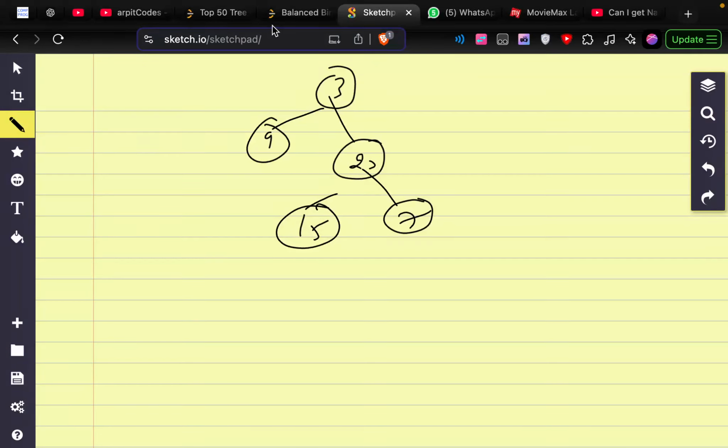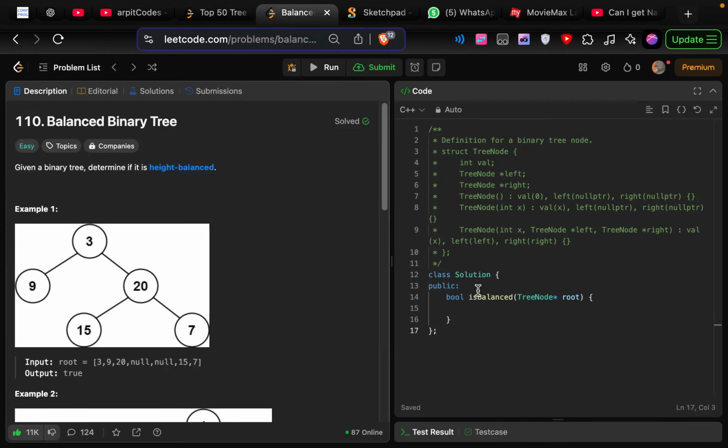So if I try to code this, what this means is you need to find out the height of root's left, and right would also be height of root's right.